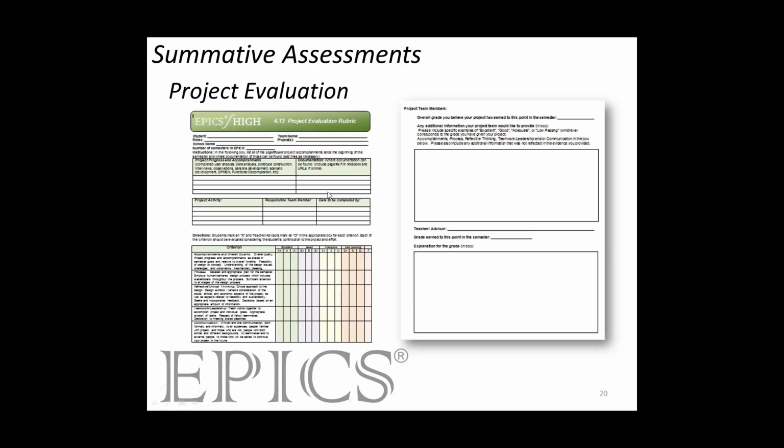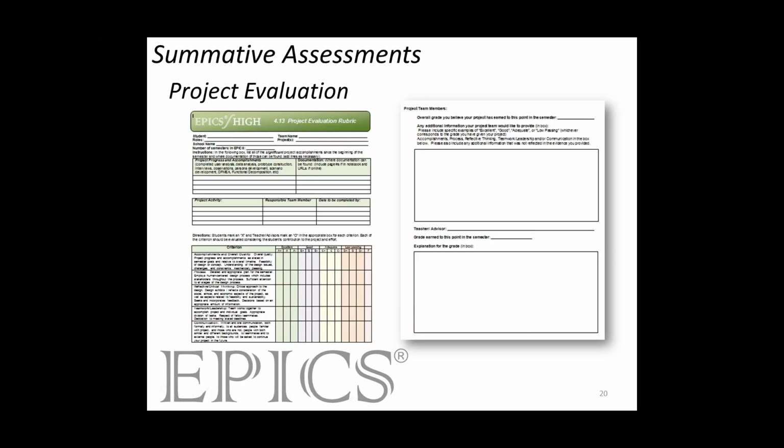They have all of that information down on this document. Then they also, as a group, have to defend the grade that they believe they should be getting on this overarching project. They defend, and they say why they think that this is the right grade.